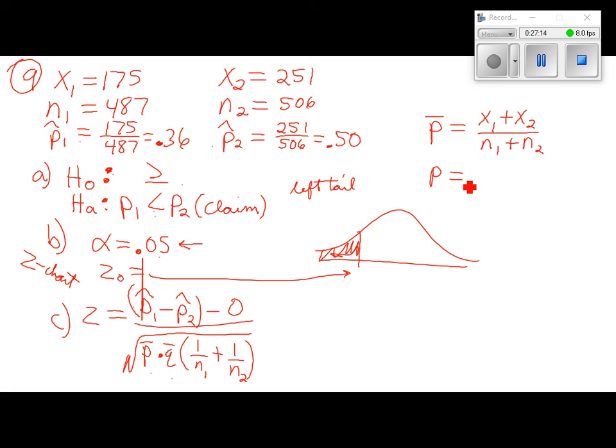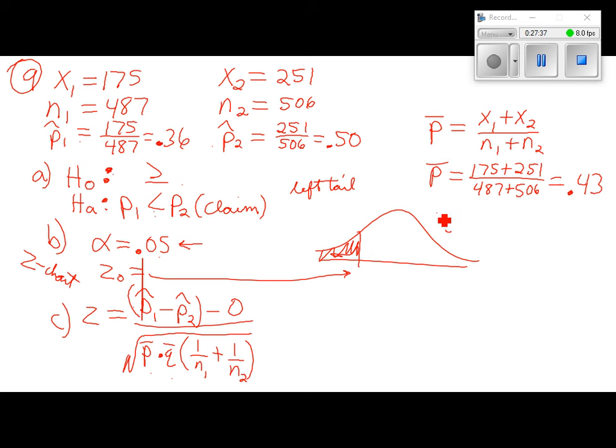So your P bar, if we look back at our numbers, is 175 plus 251 divided by 487 plus 506. We do all that on our calculator, we end up with 0.43.